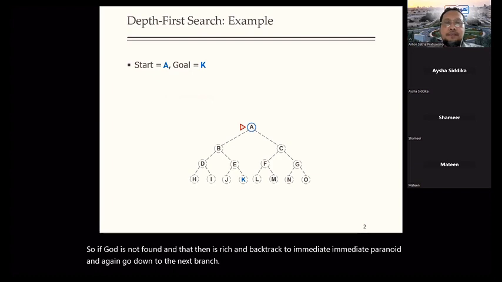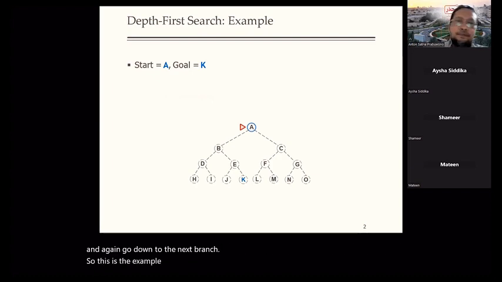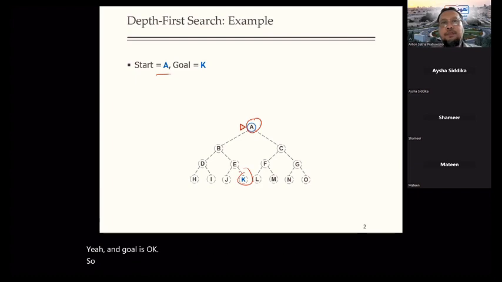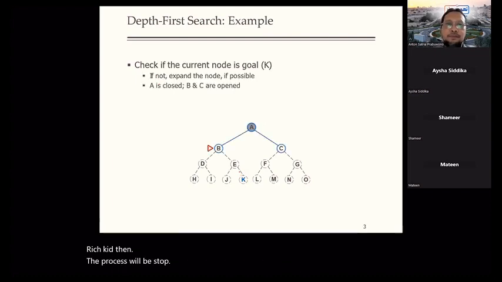So this is the example. The start is A, the starting point, and the goal is K. So we will see how DFS works, until it reaches K, and then the process is stopped.